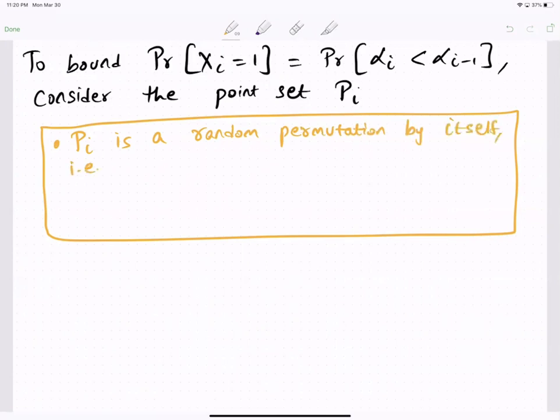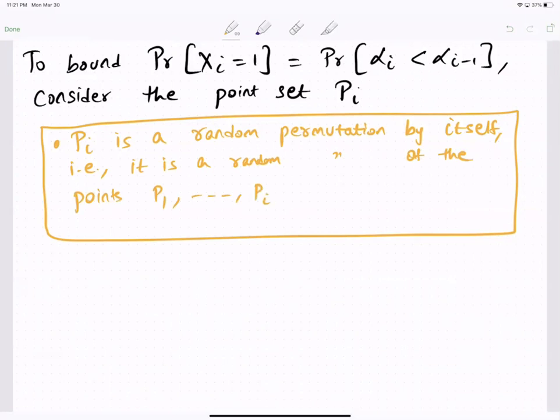What does that mean? It means it is a random permutation of the points p1 up to pi.